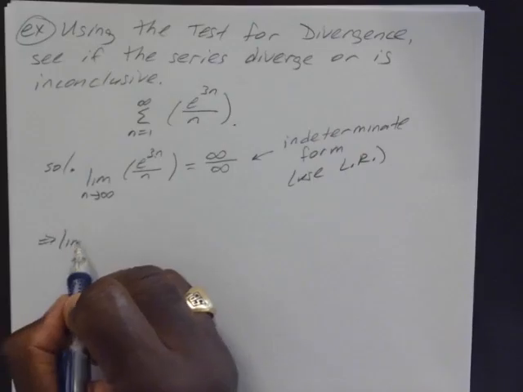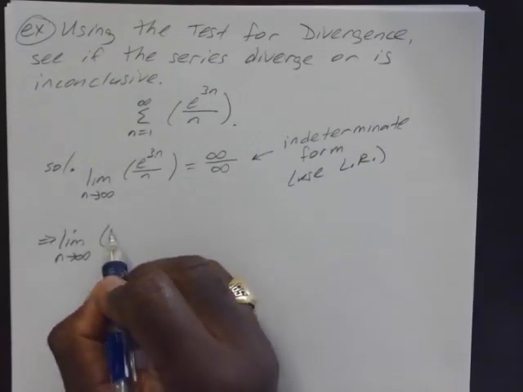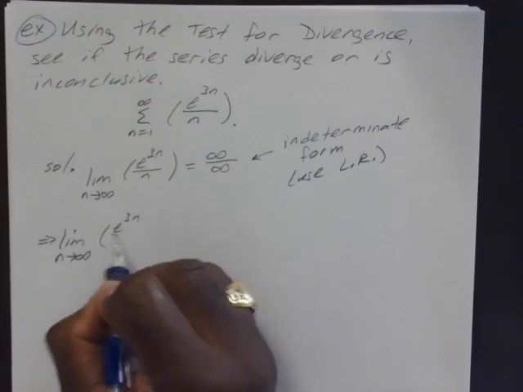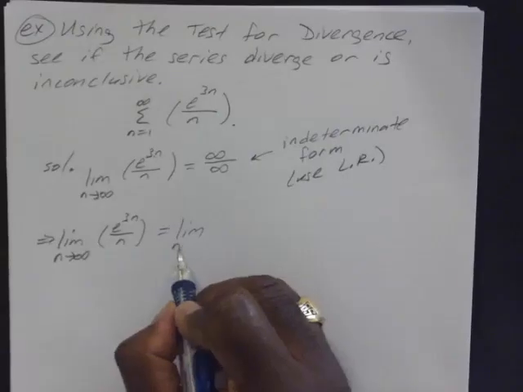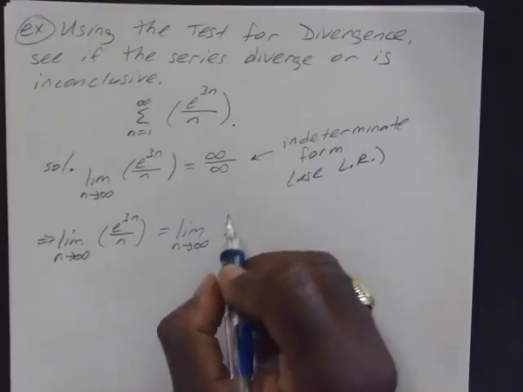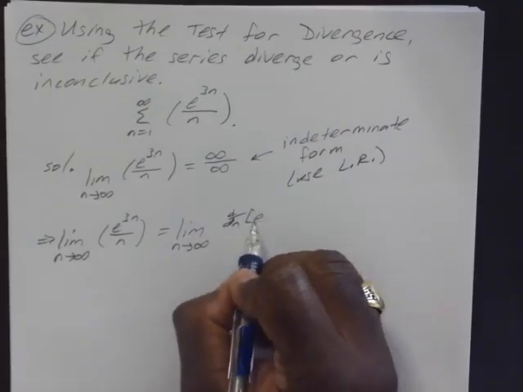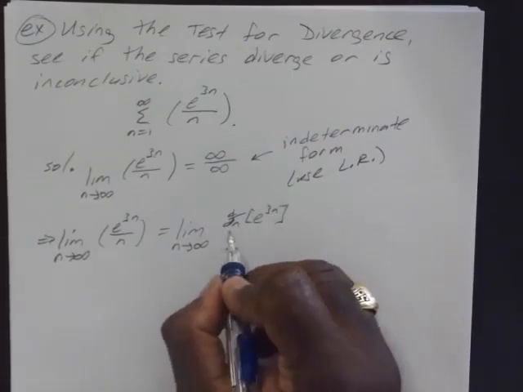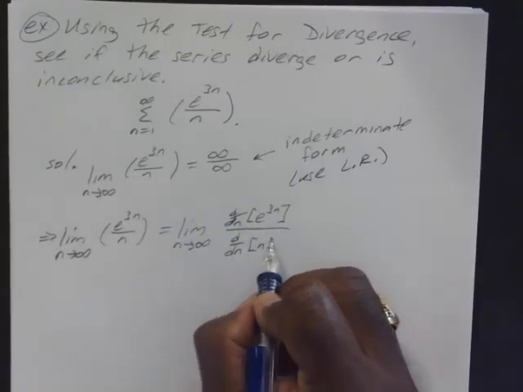So that means the limit as n approaches infinity of e to the power of 3n divided by n is equal to the limit as n approaches infinity of the derivative of e to the power of 3n divided by the derivative of n.